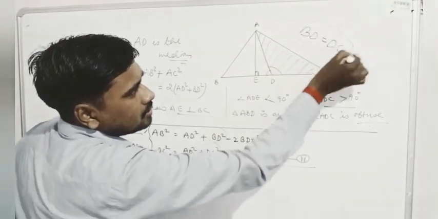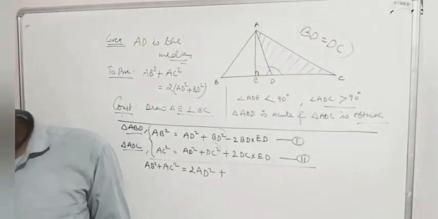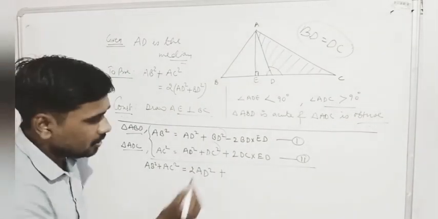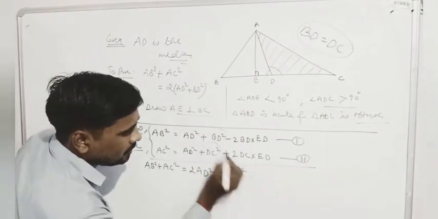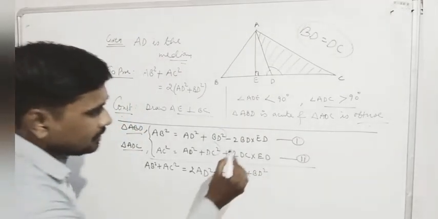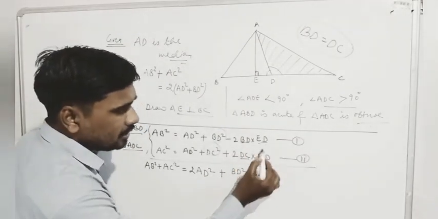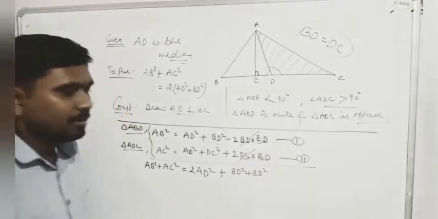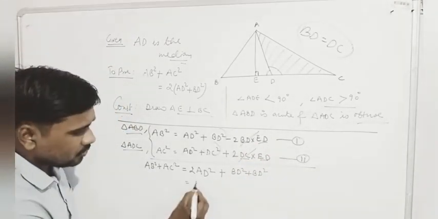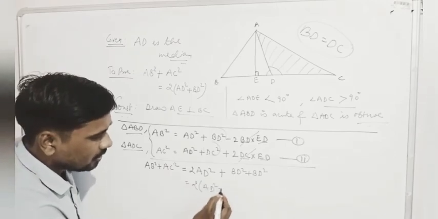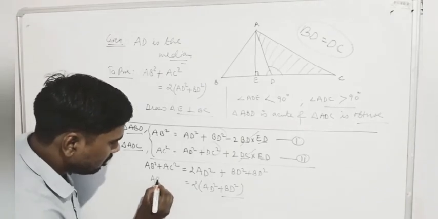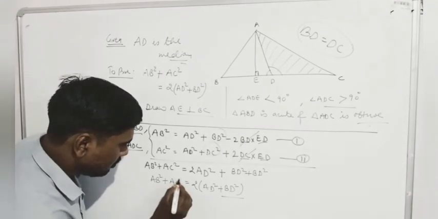So in this part, we can write this also as BD square plus BD square. And since BD and DC are equal, the plus and minus ED terms will cancel. So it is 2 times AD square plus BD square, and this is what we have to prove.